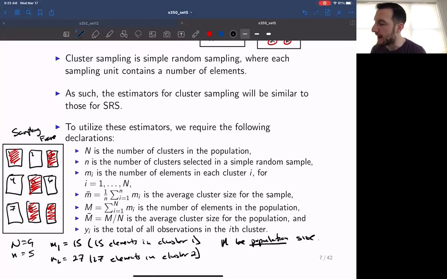Then we also have average cluster size. This is the standard definition. So the average cluster size is just the number of elements in the population, so capital M, divided by the number of randomly selected clusters, right? So this would be little m bar.